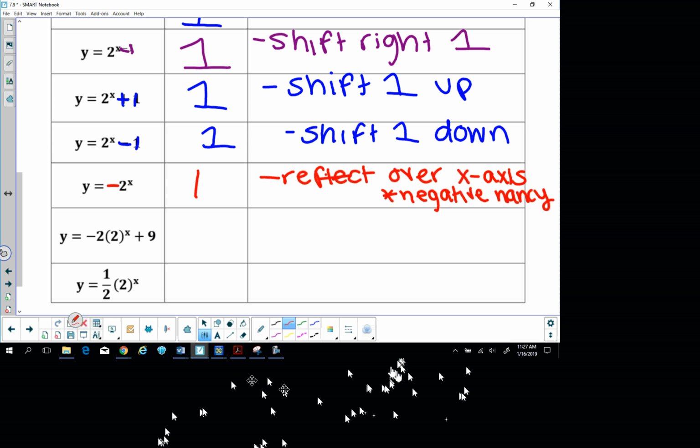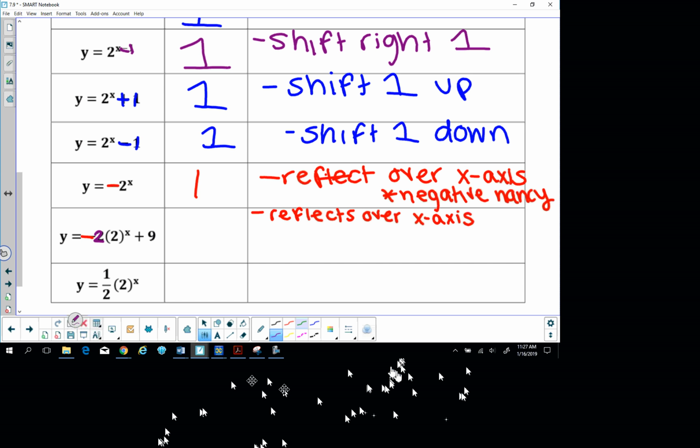And so we're just looking at it and just writing down the transformations that are happening. So we can see there's a bunch of stuff happening here, right? First we see there's a negative. So what does that mean is happening? Good, so let's do that first. Reflects over x-axis. Then if there's a number for A, what does that mean?